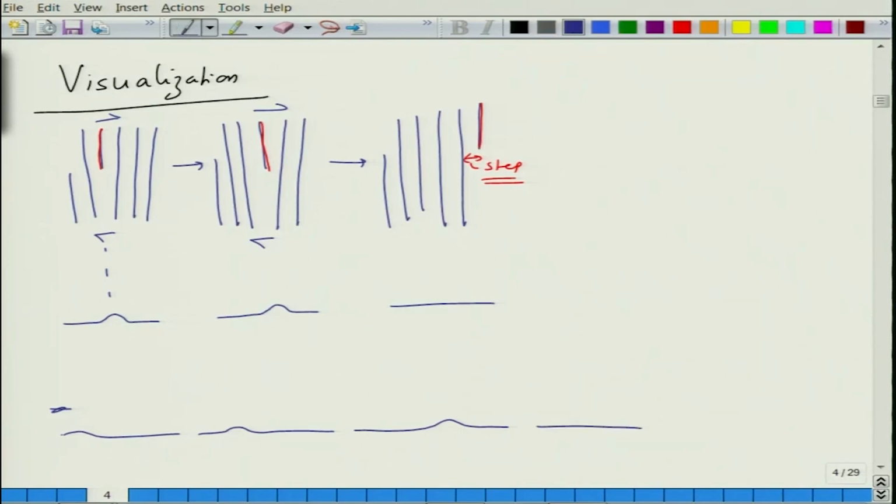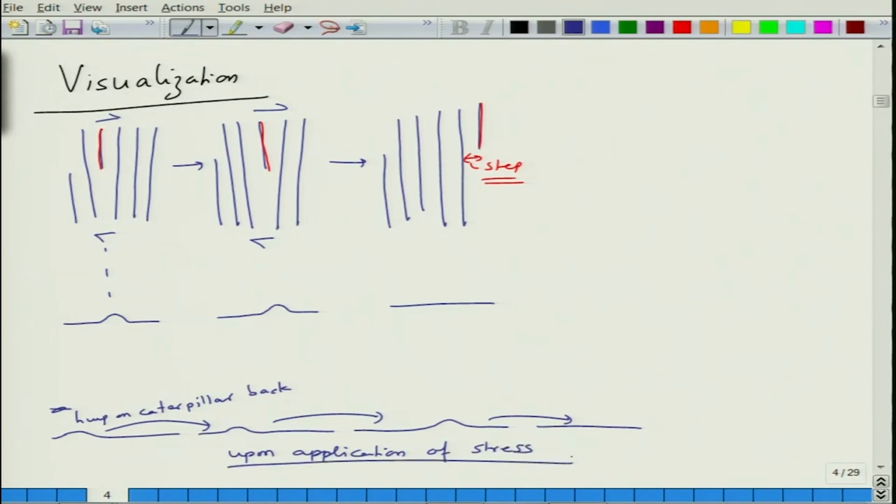So, you can say it is the hump on the caterpillar's back. It goes from here to here, here to here, upon application of stress. This is another visualization that one does.